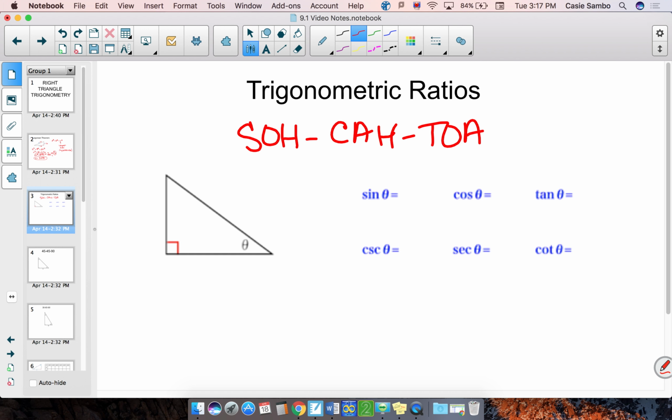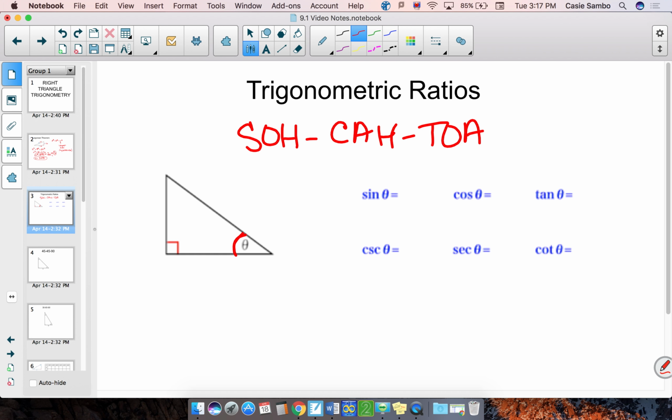We're always talking about this in relationship to an acute angle, so an angle that's less than 90 degrees. So we don't do it from the right angle, we only do it from the angle that's less than 90 degrees. And we're specifically talking about this angle theta. That's what this little O with the line through it means. It means a theta, it's a Greek letter.